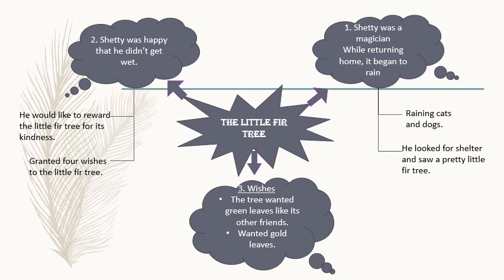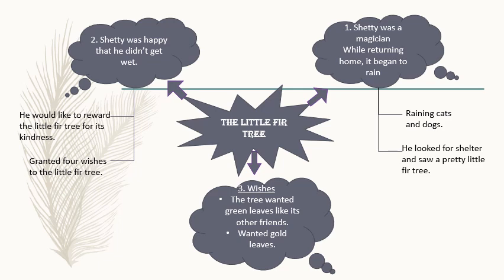Wish number 1. The tree wanted green leaves like its other friends, as the little fir tree was sad with its needle leaves, because birds never made their nests on it, and that is why his first wish was to get green leaves so that he could also enjoy like his other friends.